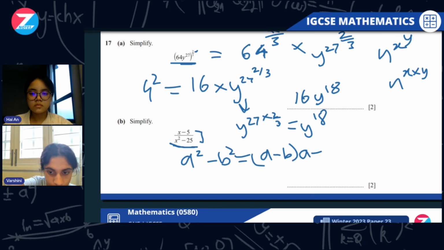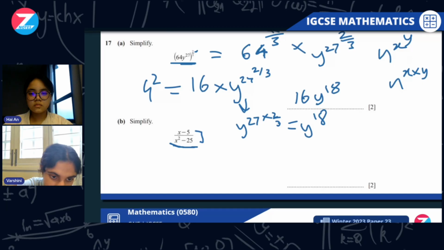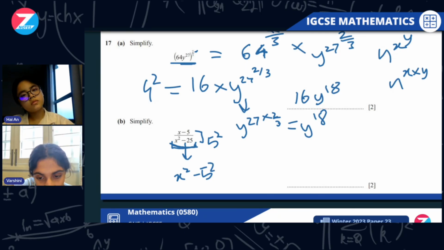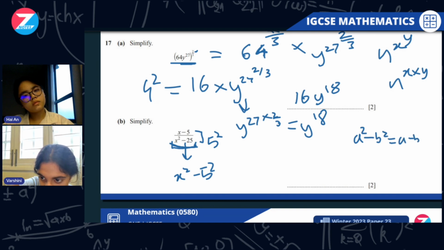Now, from this x squared minus 25, we know that 25 is nothing but 5 squared. So we can rewrite this bottom part as x squared minus 5 squared. And now we can use the formula a squared minus b squared equals a minus b into a plus b.